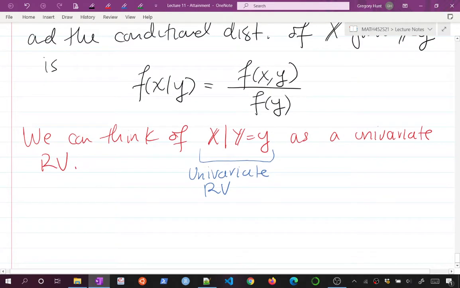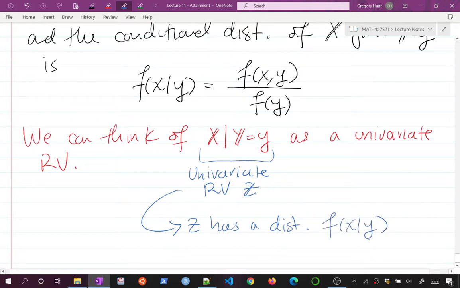You could call it Z, you could call it whatever. Because it's just some univariate random variable, it has fancy notation, X bar Y, but we could just call it Z. If you don't like X given Y equals little y, just call it Z. Z has a distribution, a PDF or PMF, which is given to us as f of x bar y.